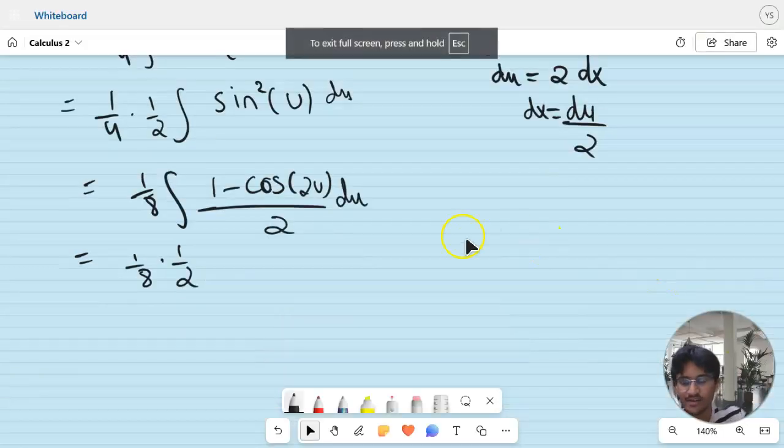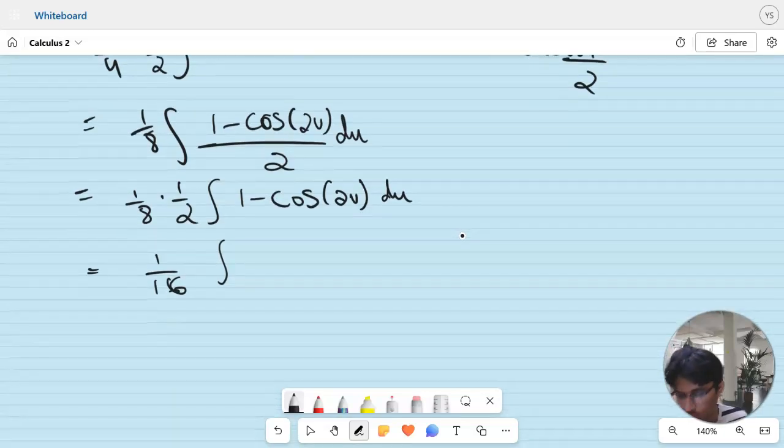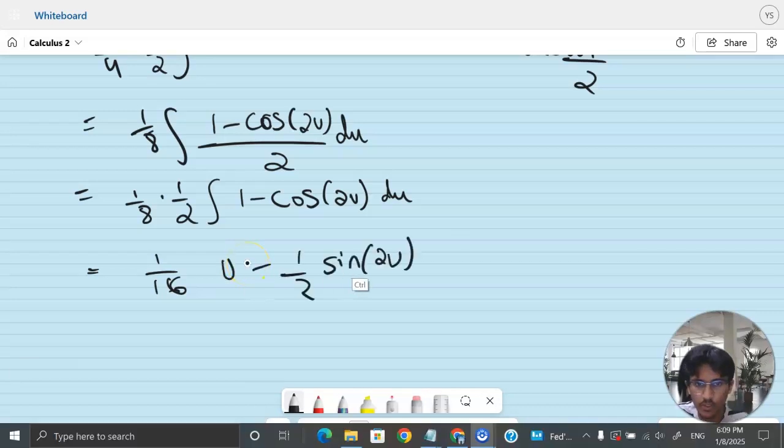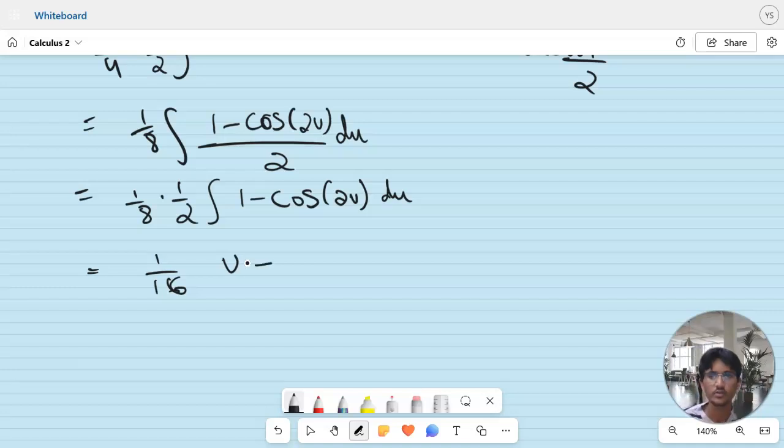Okay, let's go back. So again, we're going to bring that half outside, and we're going to be left with 1 minus cosine of 2u du, and we're going to be left with 1 over 16. Now we're just taking the integral, basically, guys. The integral of 1 is u, and then the integral of cosine 2u.